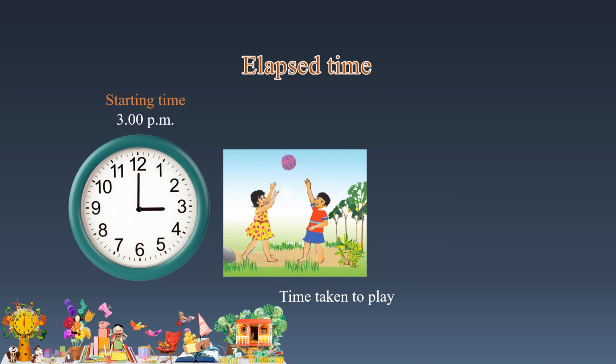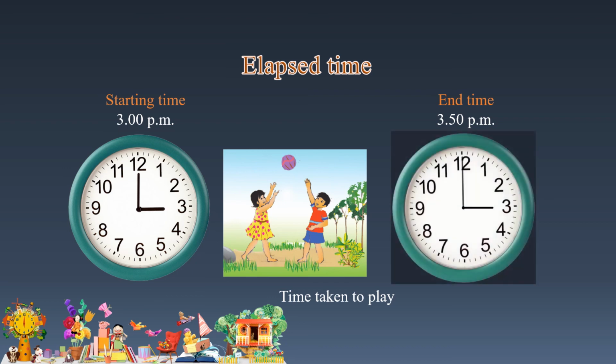So they have started playing at 3 p.m. and they have ended playing at 3:50 p.m. So we are going to find the elapsed time now. They have started at 3 p.m. and they have ended at 3:50 p.m. Now we can say the elapsed time is 50 minutes. That means they have taken 50 minutes to play.